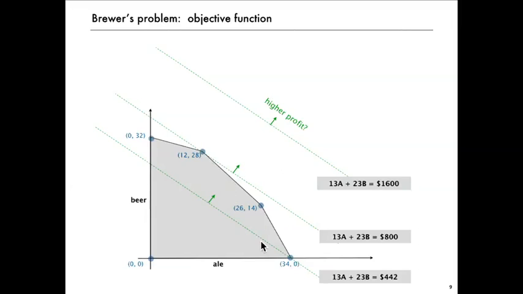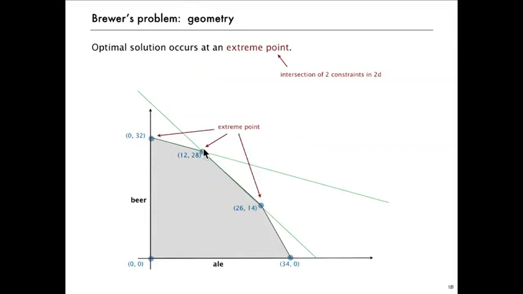So you can see the objective function defines the slope of a line, and what we want to find is, you think of it the other way, the line coming in from positive infinity, where does it hit the feasible region? That's where our profit's going to be maximized. So just the geometry tells us that the optimal solution is going to be at an extreme point.